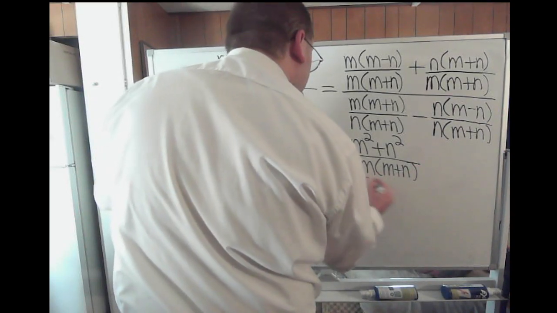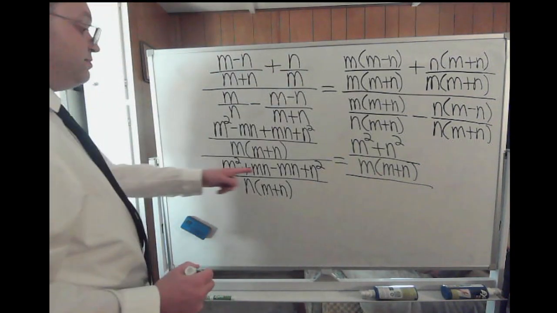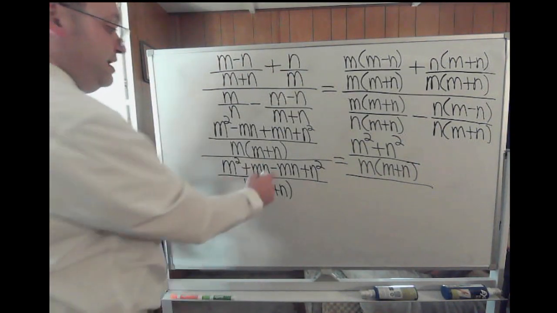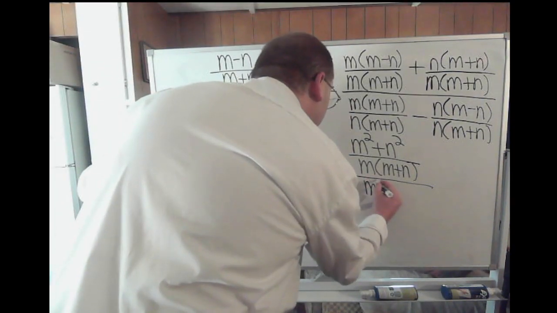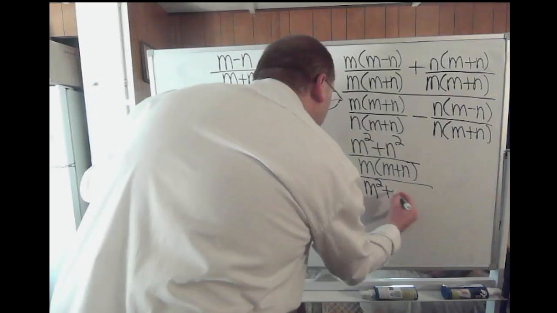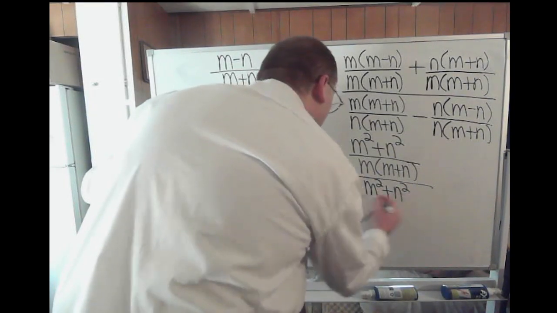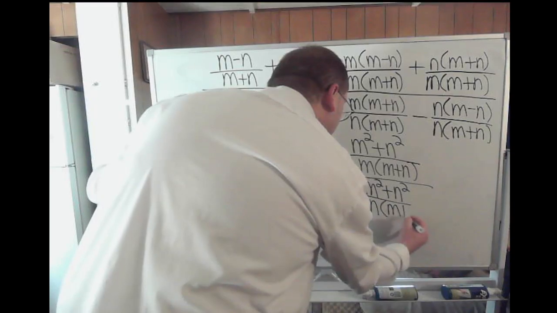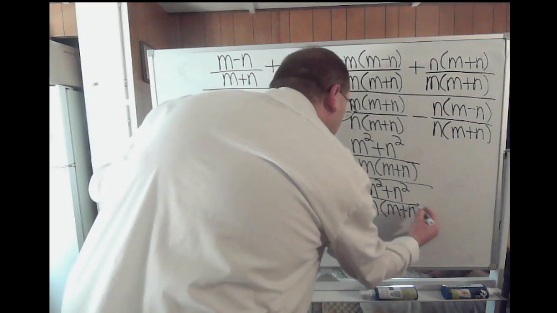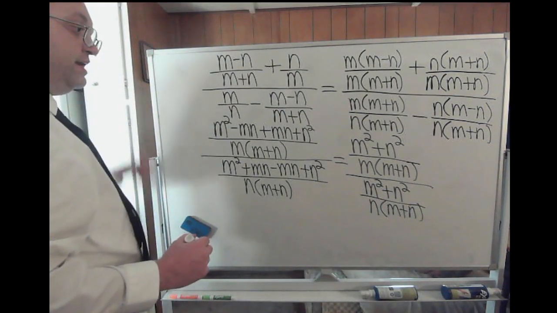Now let's look at the numerator of the denominator. mn minus mn, that's 0. You're left with m squared plus n squared all over n times (m plus n). Starting to see it's not so bad.